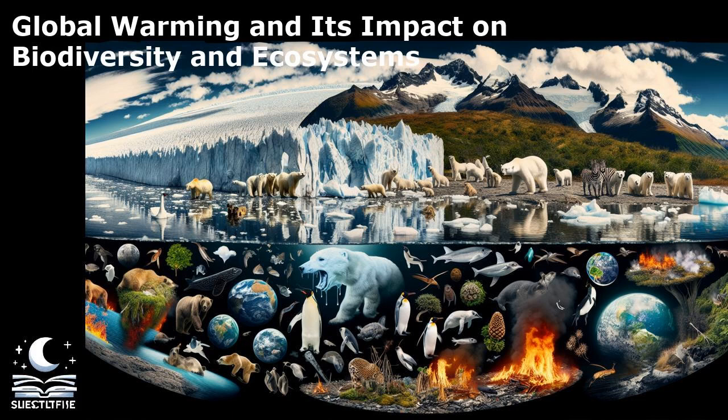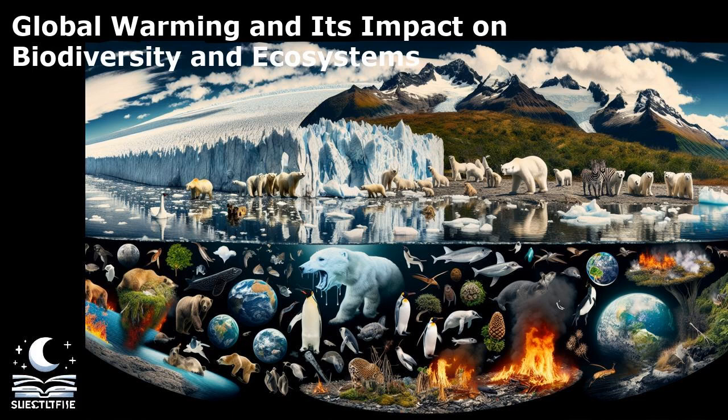The loss of biodiversity due to global warming has far-reaching consequences for human societies as well. Ecosystem services such as pollination, water purification, and carbon sequestration are vital for human well-being and economic prosperity. The decline of biodiversity can disrupt these services, leading to food insecurity, water scarcity, and increased vulnerability to natural disasters.